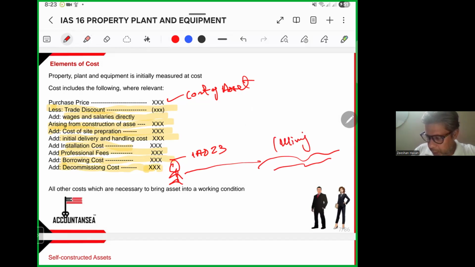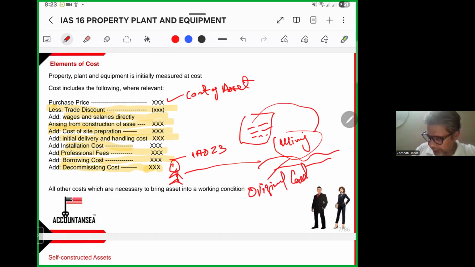Before starting the work, he got a paper from the government, in which it was written that when you are leaving, after you are done with your work, you have to bring the asset into its original condition. Now, can we start the work without this agreement? No, we cannot, right?